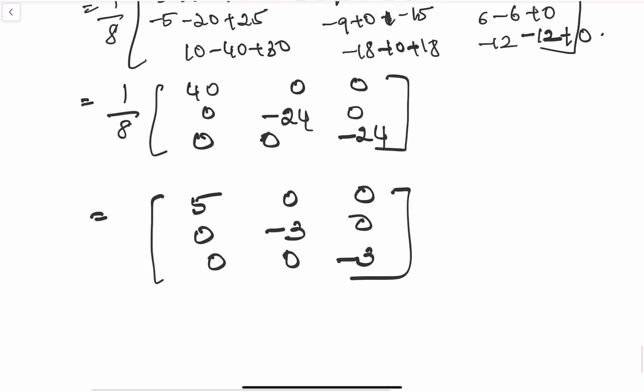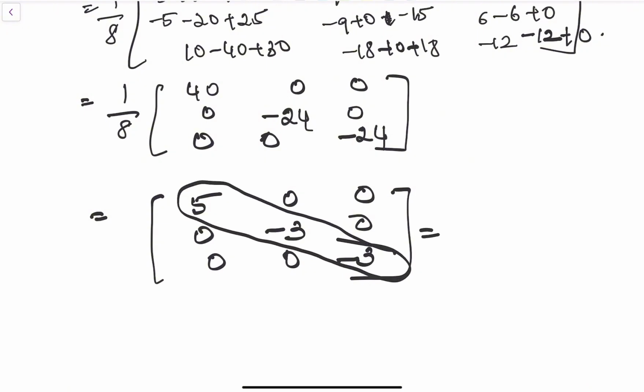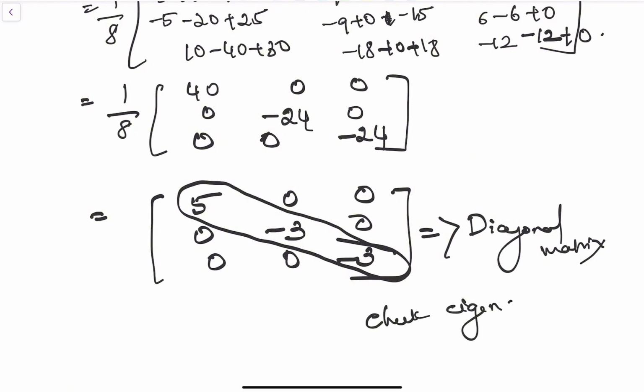So now I can clearly say that the diagonal elements are all the numbers and the rest of the elements are 0. So it is a diagonal matrix D, which follows the definition of a diagonal matrix. To check whether the answer is correct, the eigenvalues are written in the diagonal form, so I can also say that the answer you have got is correct. So that is all, guys. Meet you in the next video. Thank you.